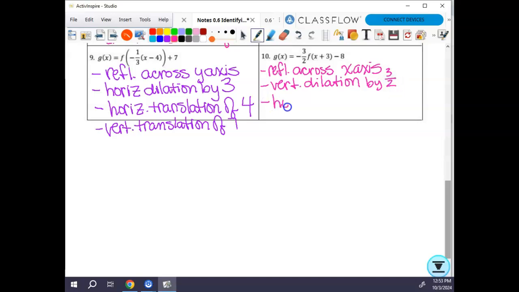Then I have a horizontal translation of what? -3. Very good. And then I have a vertical translation of what? -8. Very good.